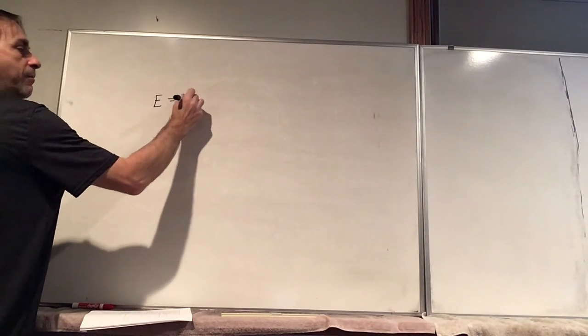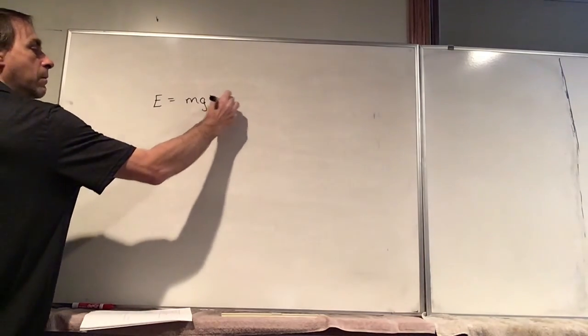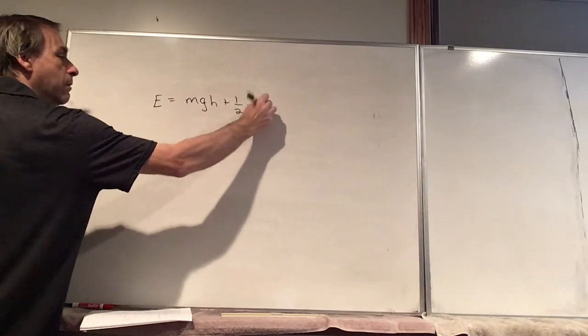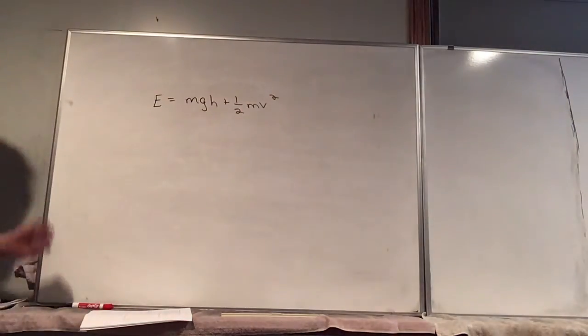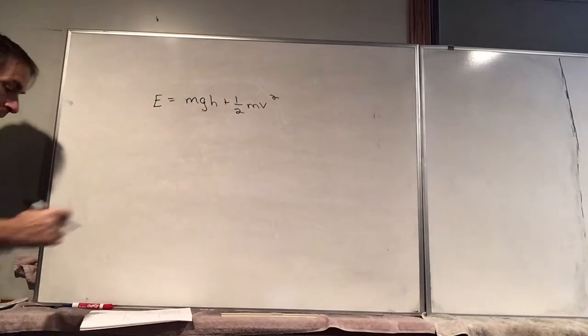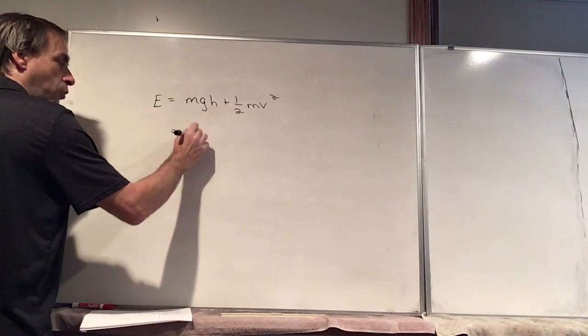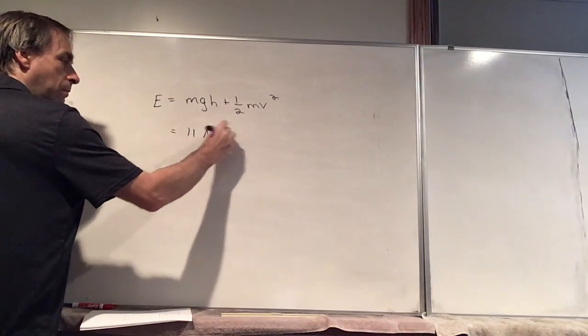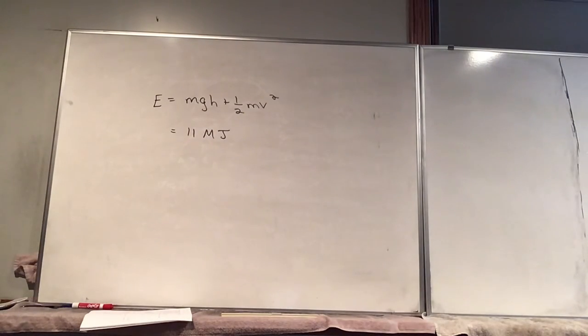So here we have potential energy and kinetic energy, and we just plug everything in. I got basically 11 megajoules of energy. So mega, 10 to the 6. And that's it for this exam.